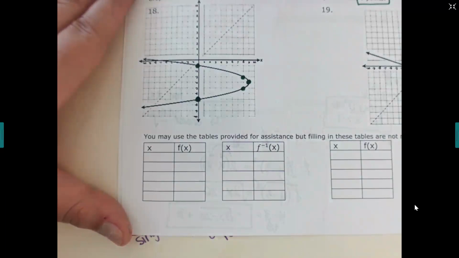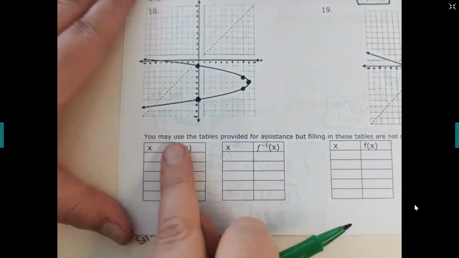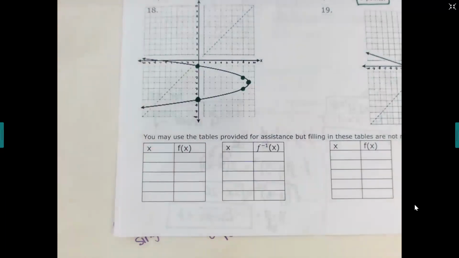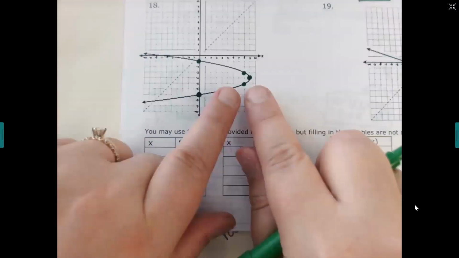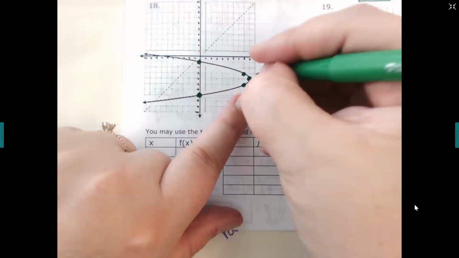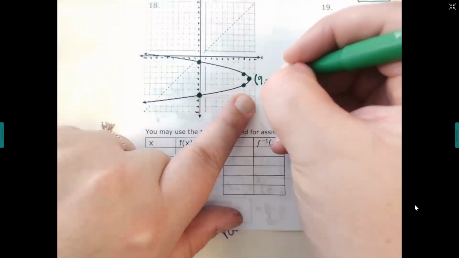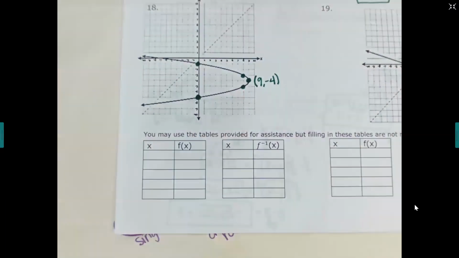All right. So as it says here, you may use the tables, but they're not required. I'm looking at your graph as the answer. So let's start with this point right here. What is your vertex? Give me the ordered pair. 9, -4 is correct. Then what would that be backwards? -4, 9. So then I'll go negative 4, 9 is here.